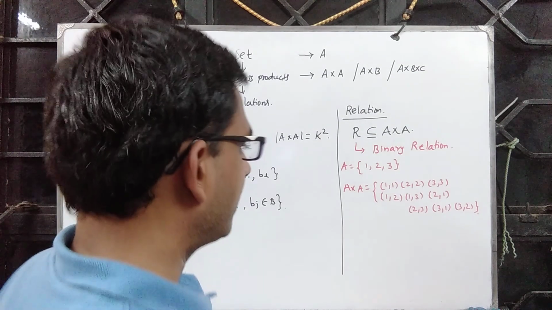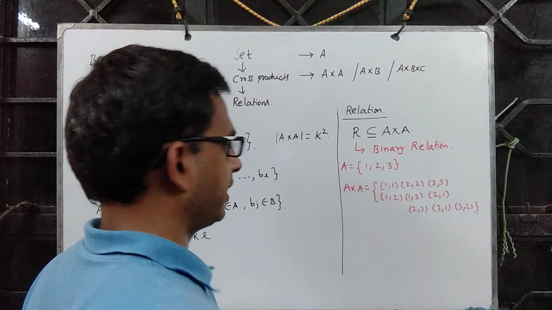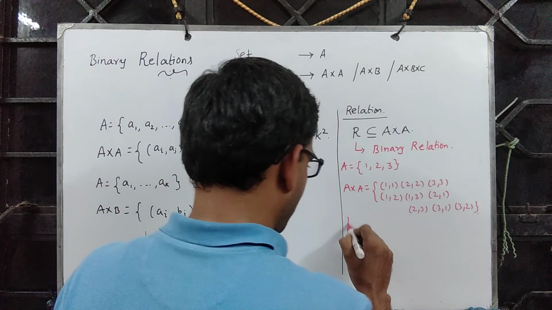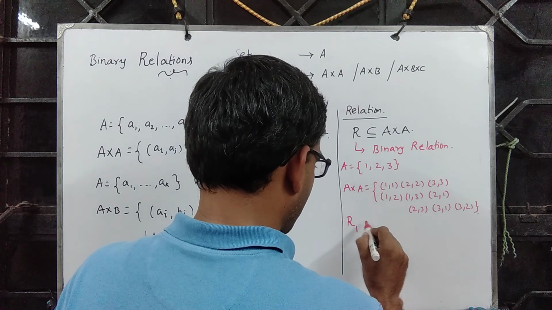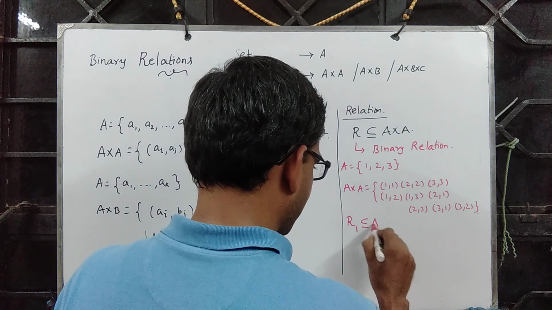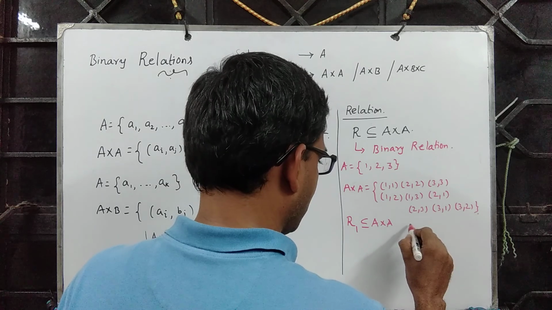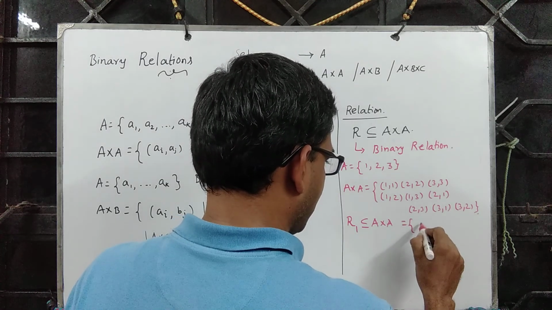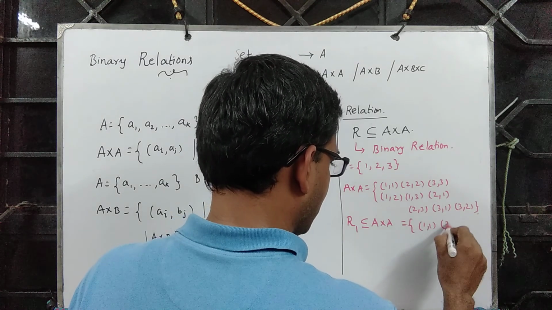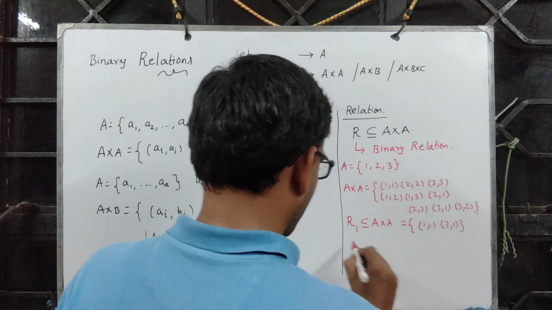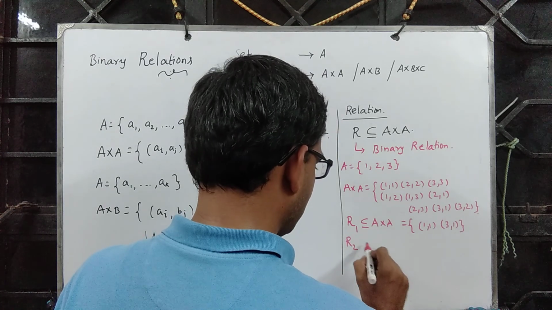So you see that this has got 9 elements, and relation R1 is a subset of A cross A. This could be maybe (1,1) and (3,1). R2 is a binary relation.